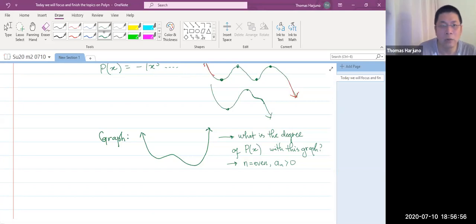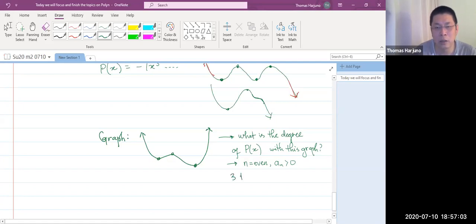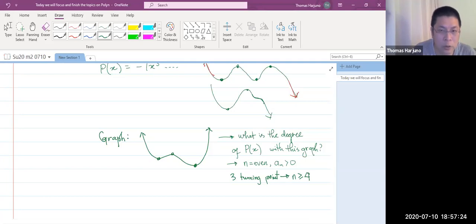Okay, now let's count how many turning points. 1, 2, 3, right? 3 turning points. That implies the degree n is at least 4. At least 4, because for degree 6, 6 minus 1 is 5, at most 5, so 3 turning points may have degree 6.